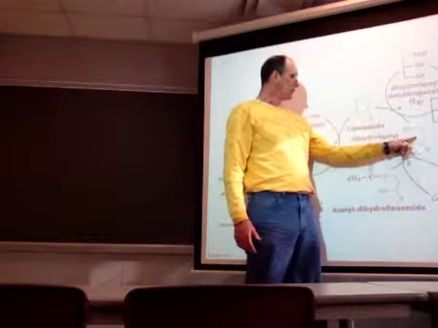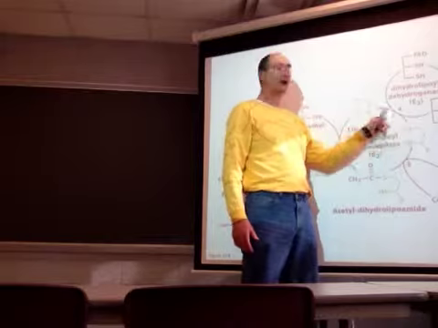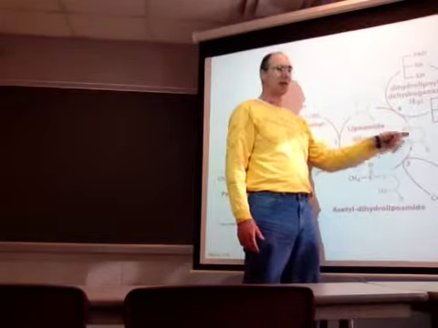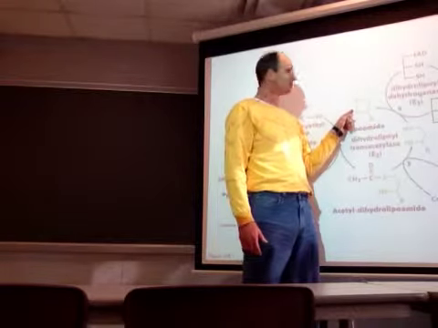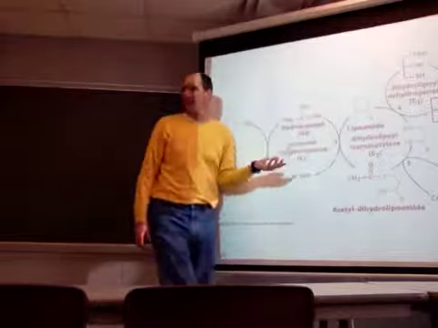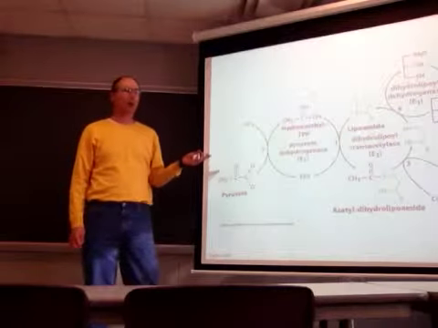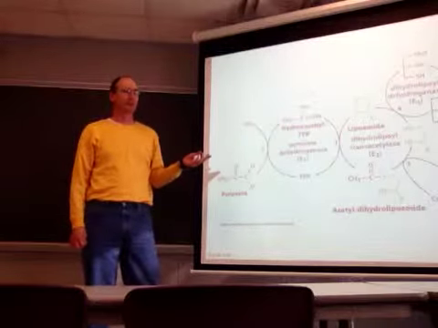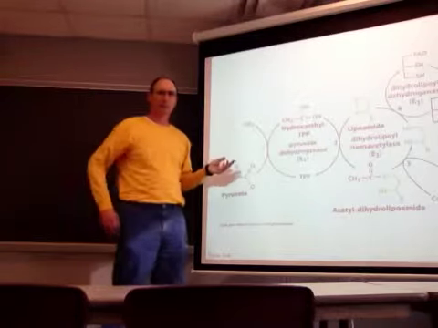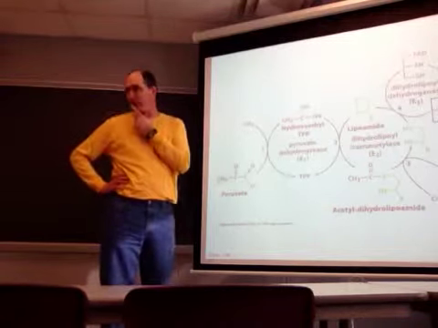What do we have to do to go from here to here? Oxidize it. So when we oxidize this, we take the thiol out of the system. And so that step is no longer reversible. We remove the product by oxidizing it. Does that make sense?